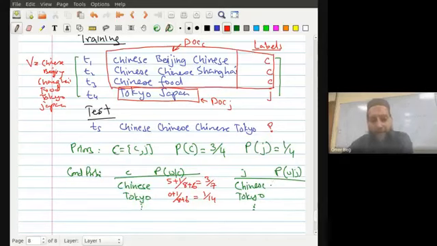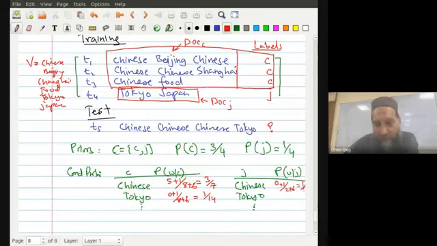We do the same thing for the Japanese class. We take the word Chinese, look it up in doc J, the count is 0. We add 1 for smoothing, divide it by the total number of words in document J, which is 2, plus the total vocabulary, which is 6.